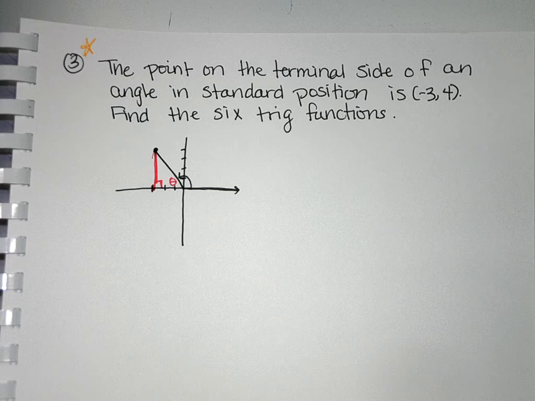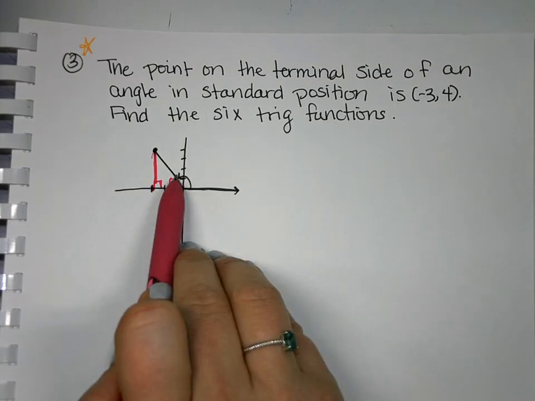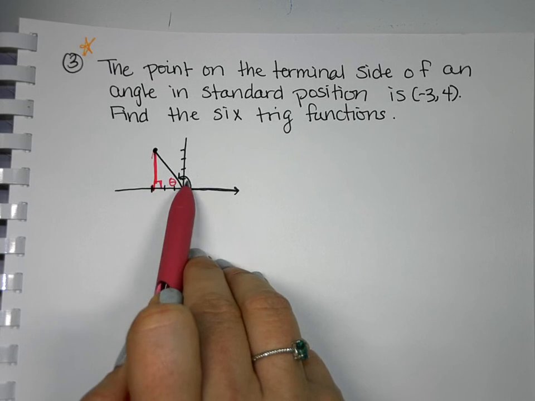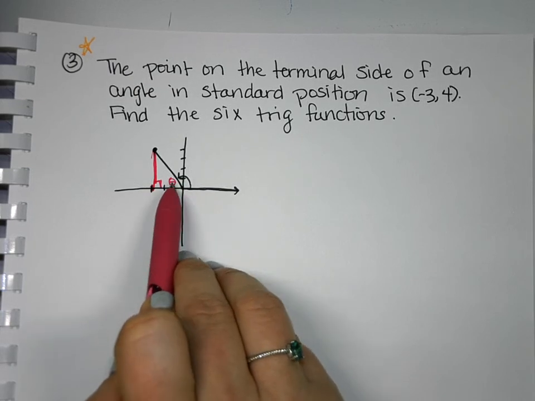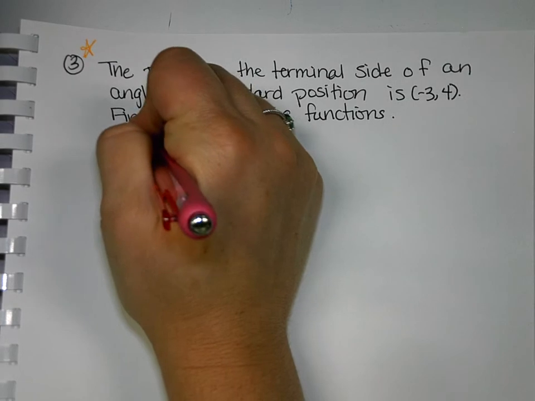So last year I know you guys learned about reference angles. They're the acute angles that are equivalent. And so if we look at this standard angle, it's going to have equivalent trig functions as an obtuse angle to this acute one.